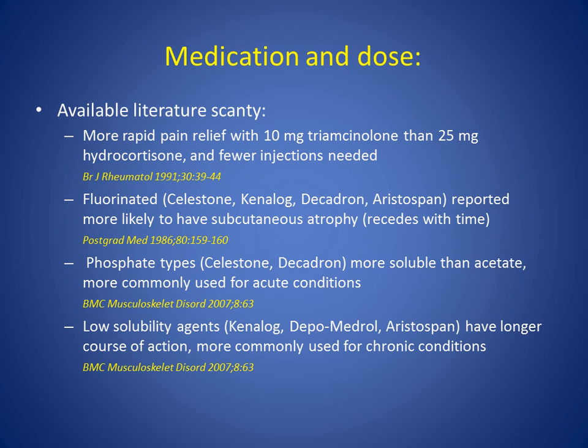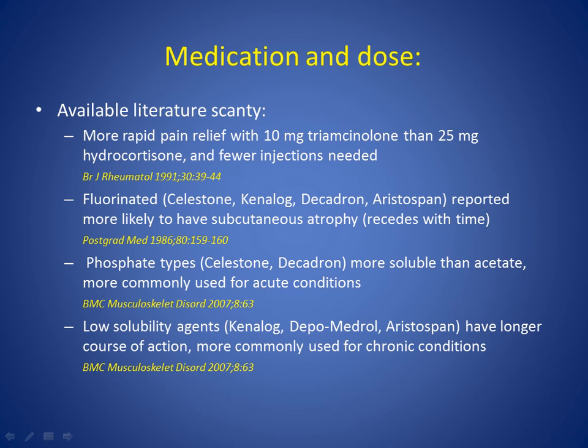What medication and what dose do I inject? The available literature in this regard is scanty. This is in your syllabus, so I'll let you do some reading about this. There is evidence that the fluorinated corticosteroids are more likely to have some subcutaneous atrophy associated with injection, although this does recede with time.